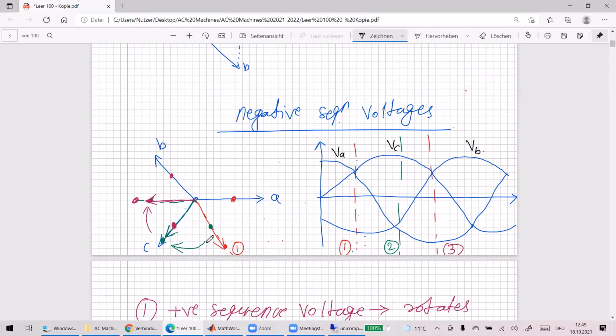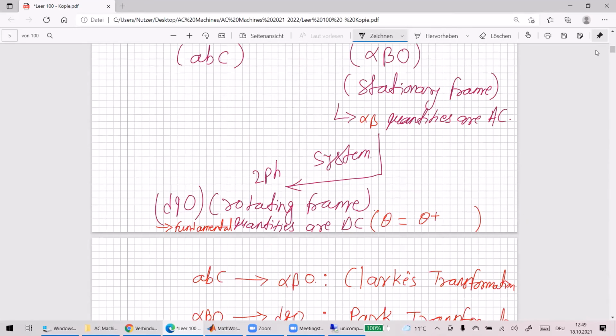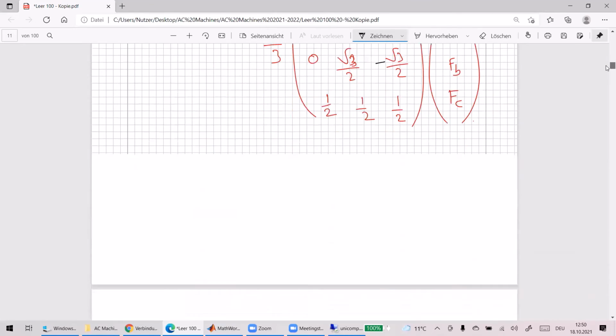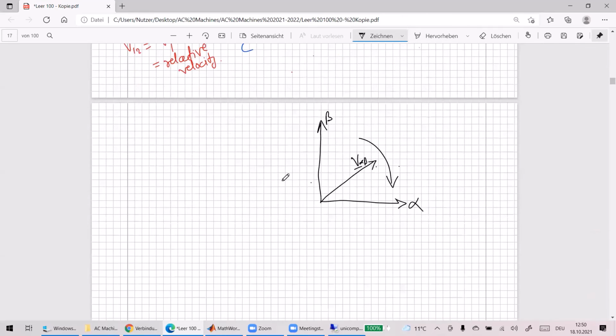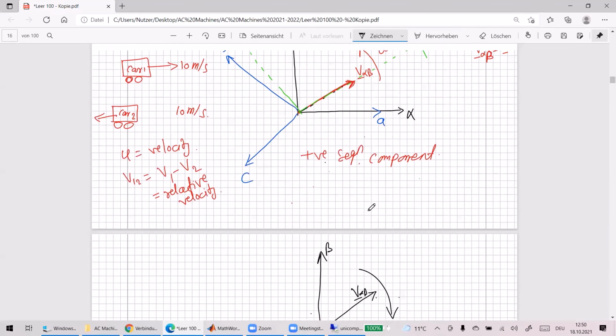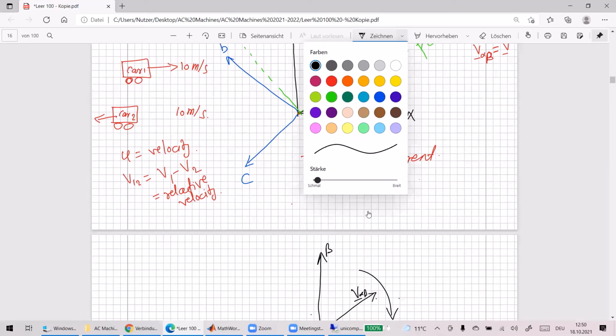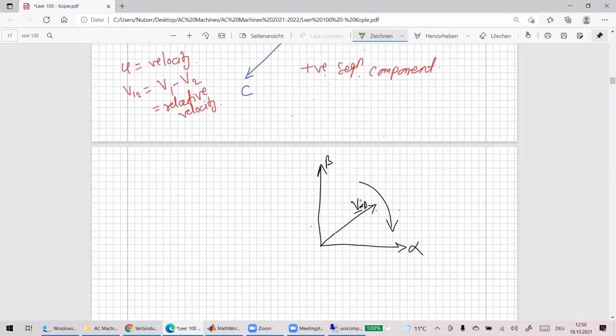For the negative sequence, what we saw is the resultant vector is rotating in clockwise direction with the speed omega. But what we know is our DQ frame is rotating anti-clockwise. So this is, let's say, omega 1, omega 2.